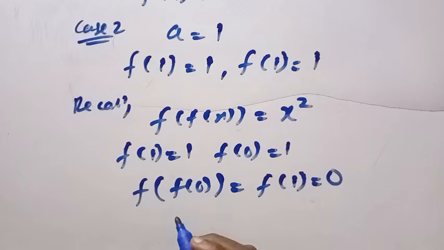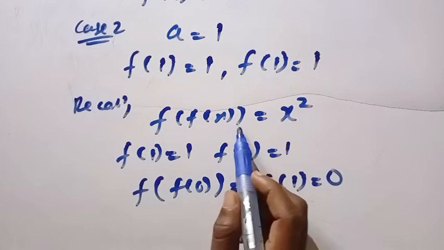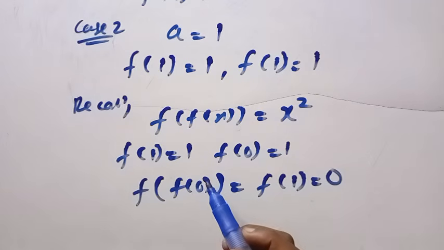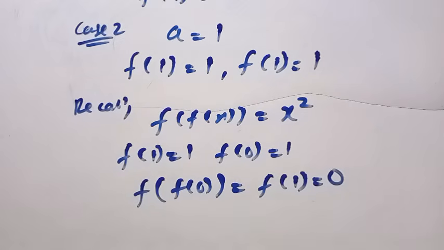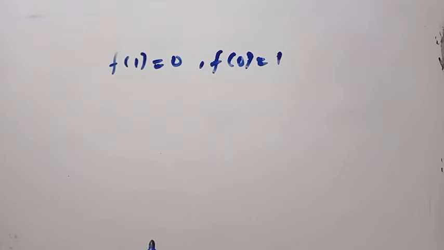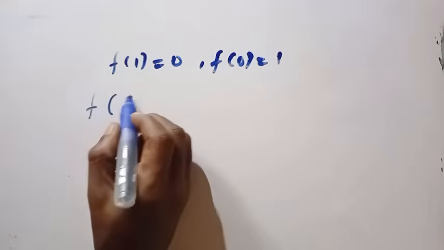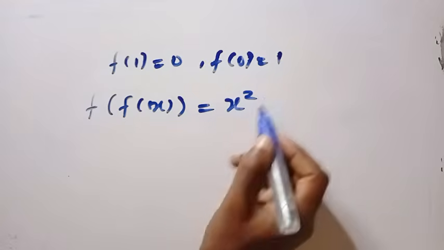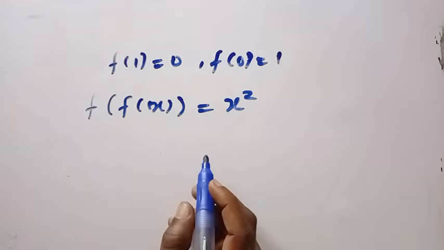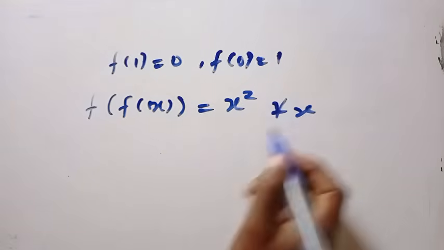But does a function with f of 1 equals 0 and f of 0 equals 1 satisfy f of x equals x squared? So we have to verify that as well. We want to check if these two satisfy f of x equals x squared for all x.